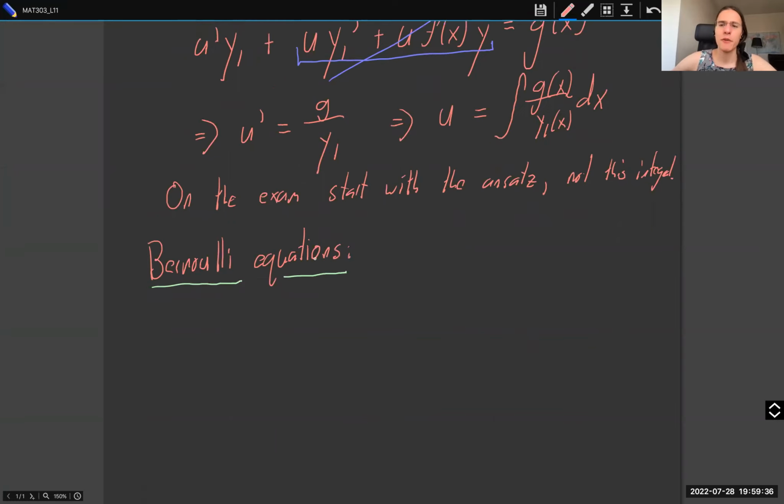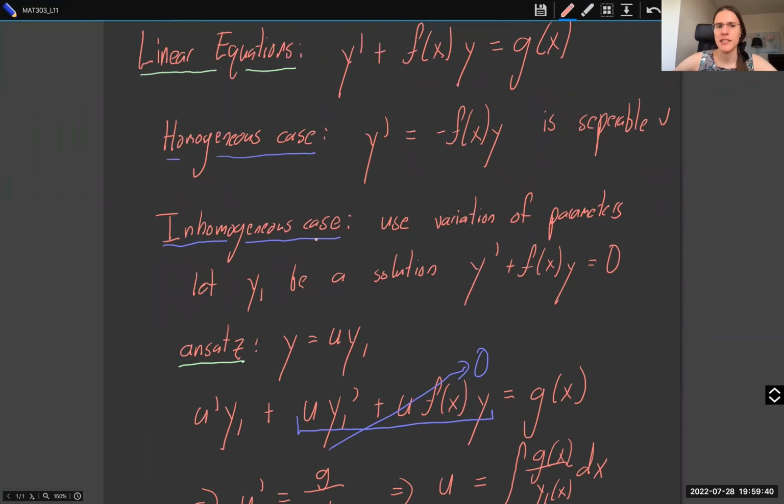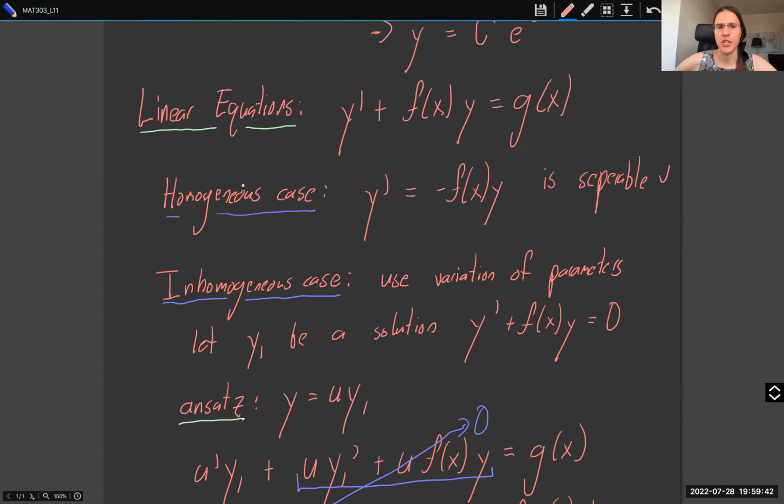There was one method with substitution, but that's not actually the method that you should use. The method is basically the same as the linear equation.